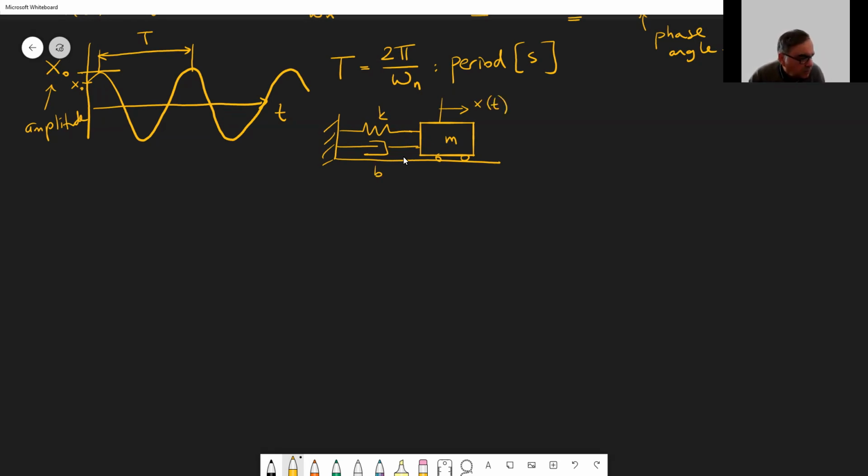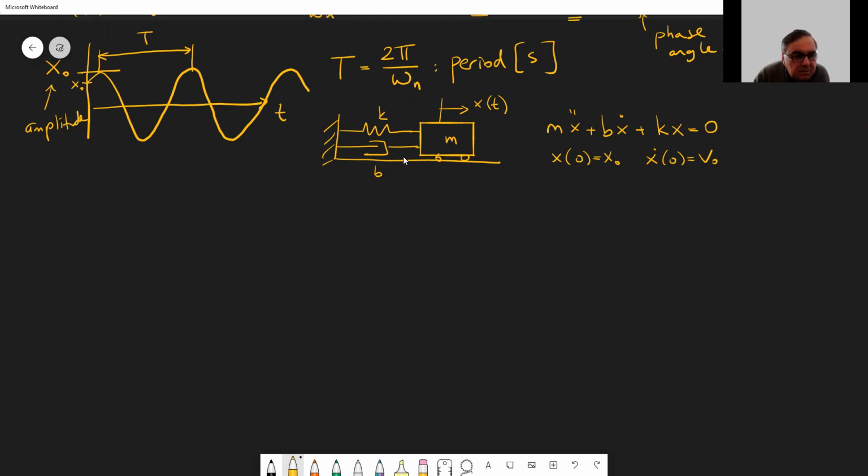Our equation of motion here is m x double dot plus d x dot plus k x equals 0. We also have the initial conditions: x of 0 is x0, x dot of 0 is v0. No forcing, but initial conditions.